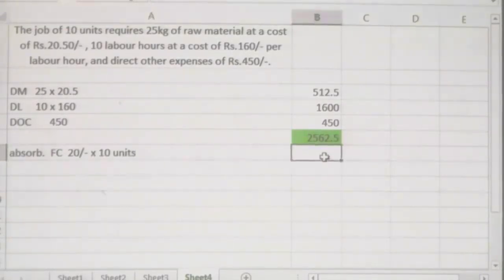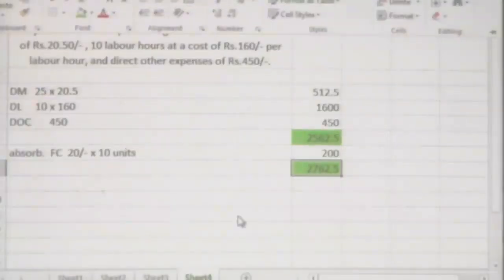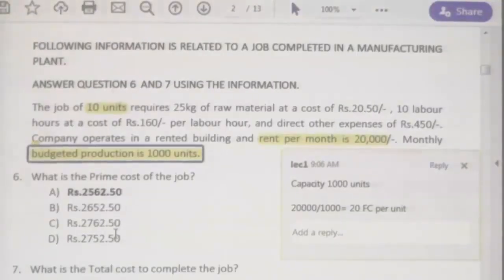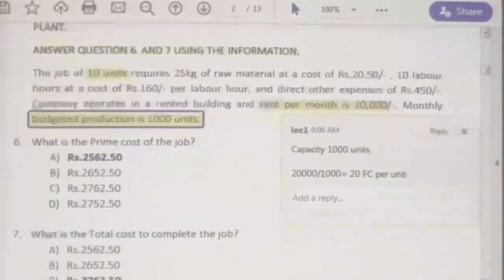That will be 200. Therefore, total cost will be 2762.5. This will be the total cost of the job, 2762.5. Let's see the answer to question number 7.